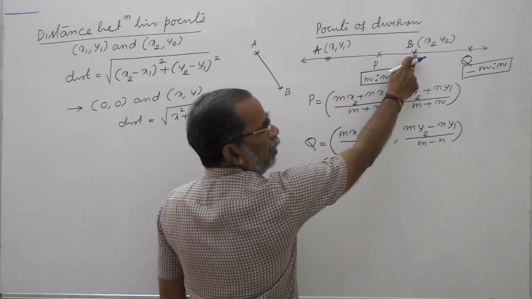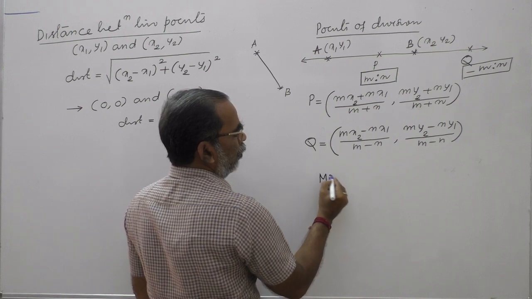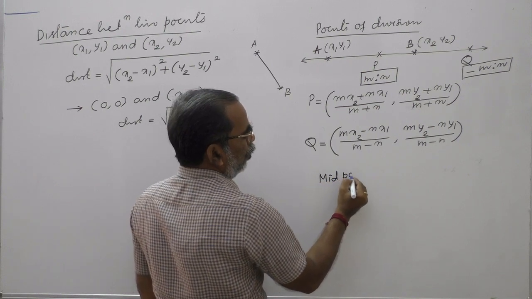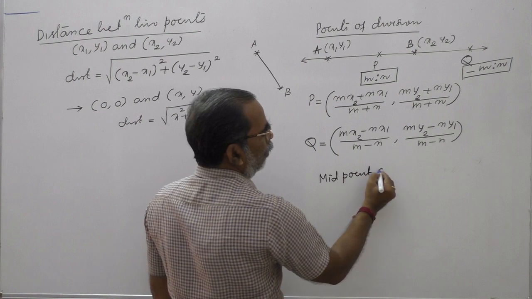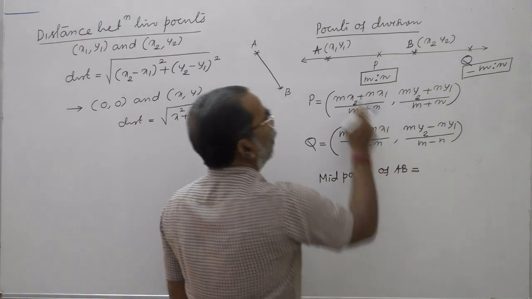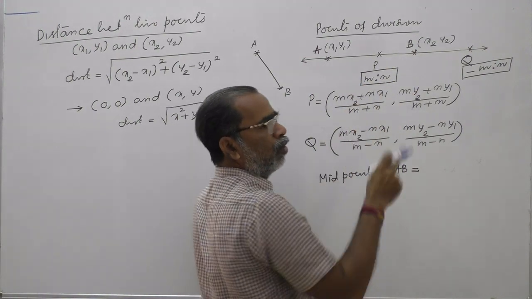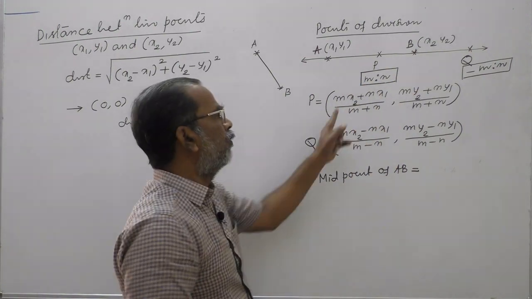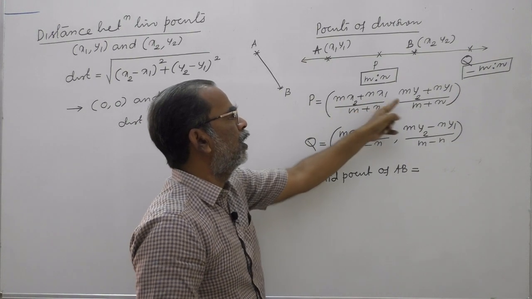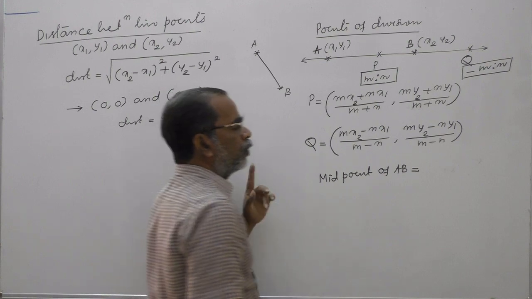Then we will have one more. If A and B are ends of a line segment, then the midpoint can be found. What is the midpoint of AB? The midpoint will be dividing AB internally in equal ratio 1 is to 1. If you put m equal to n in this internal point of division, you will get the midpoint.